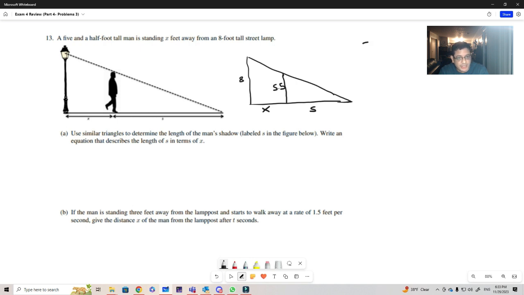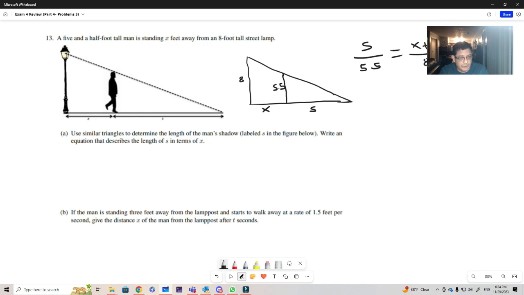So now the shadow over this 5.5 is going to be equal to X plus S here over 8.